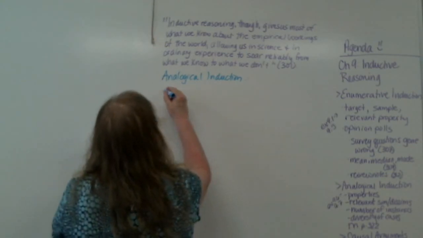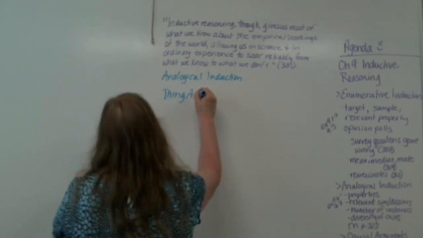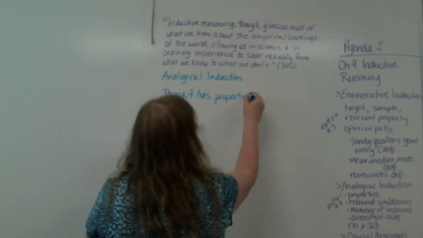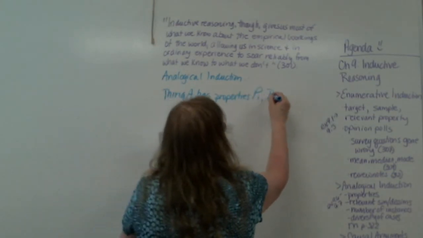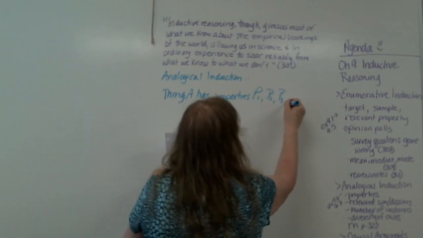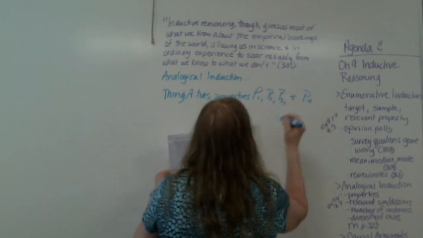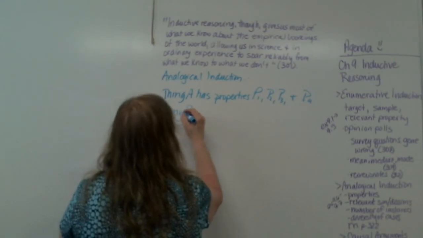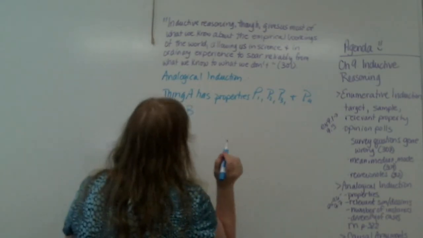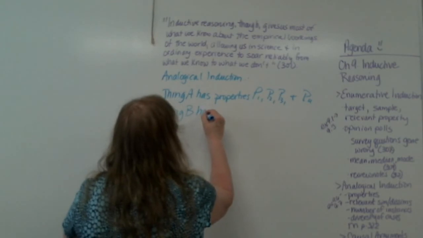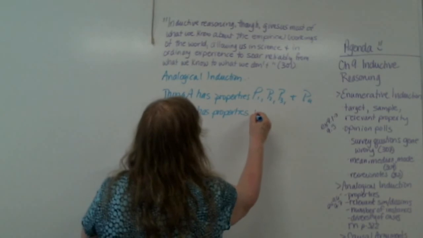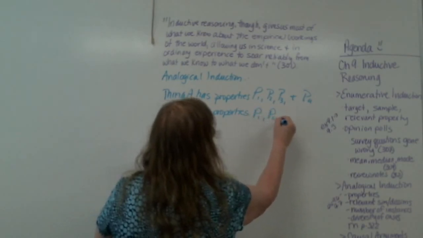So, thing A has properties P1, P2, P3, and this other one, P4. Thing B, as opposed to thing 1 and thing 2, has properties P1, P2, P3.